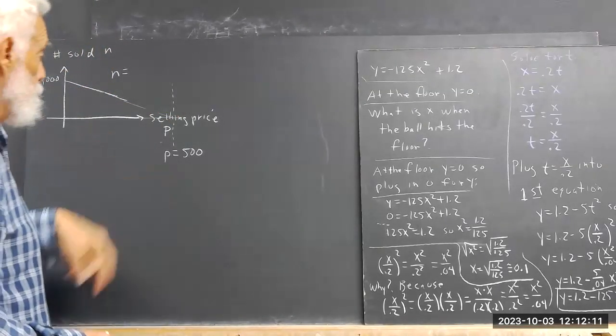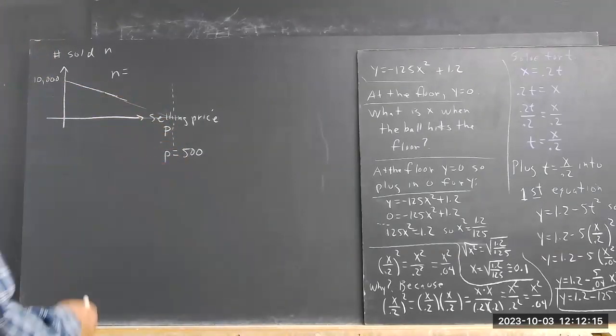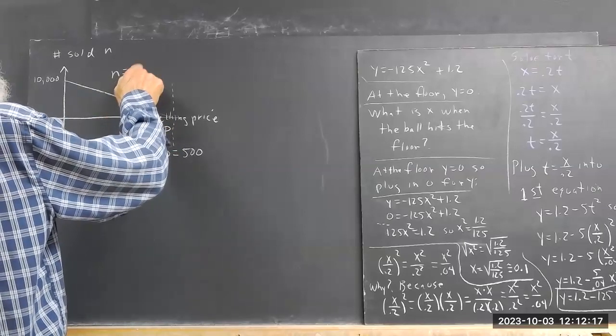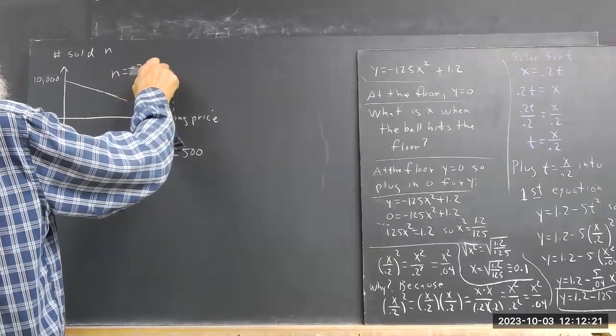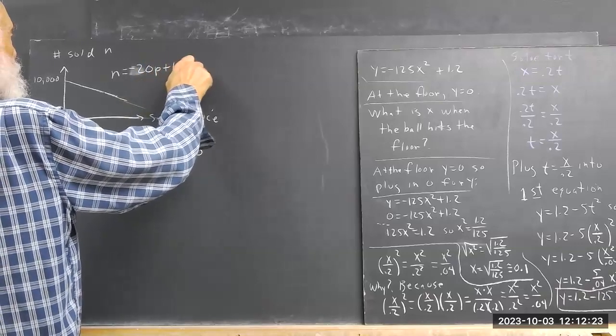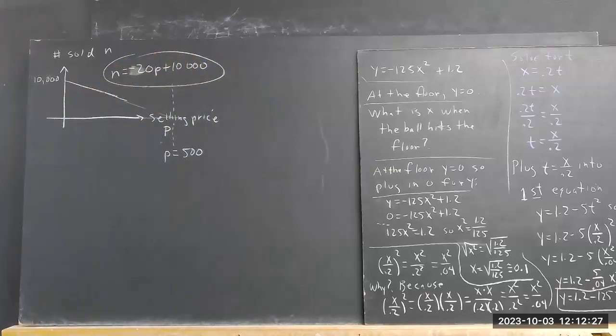Well, you have the two intercepts. The slope is negative 10,000 divided by 500, which is negative 20. You can use your slope-intercept form.